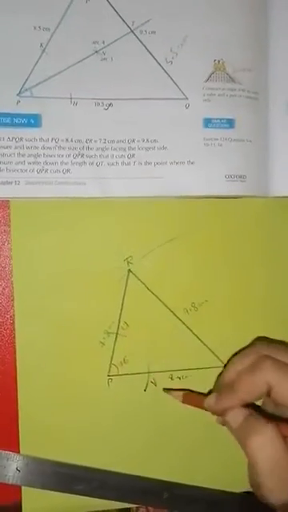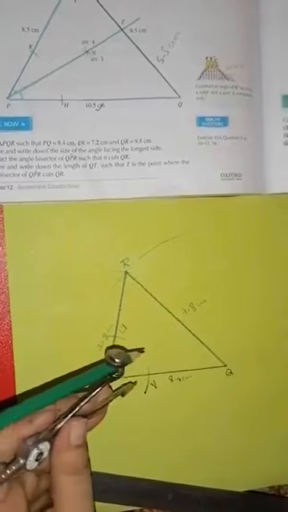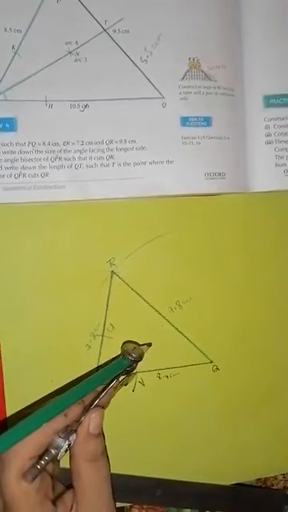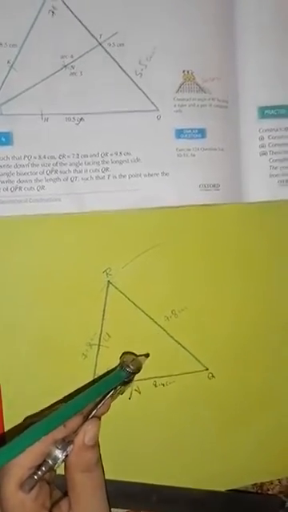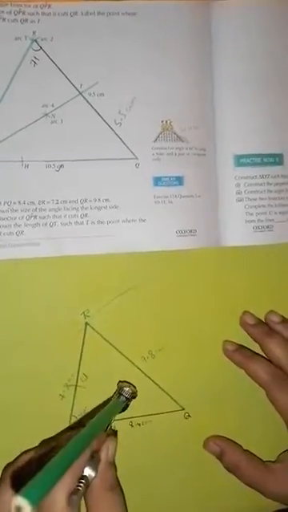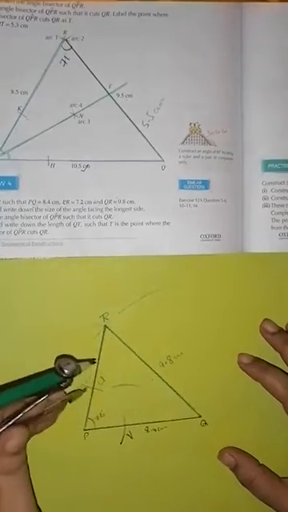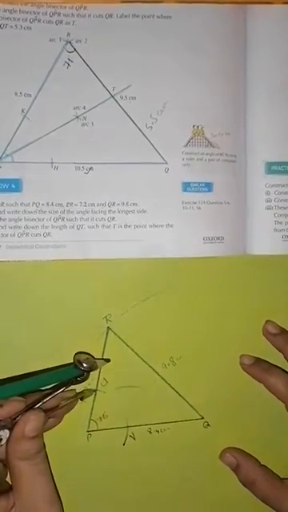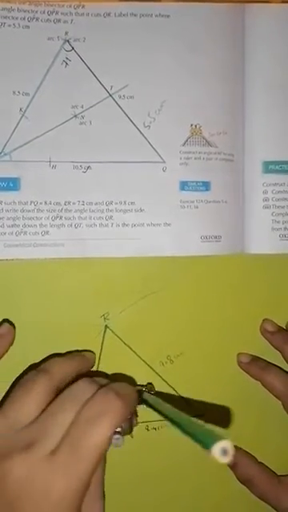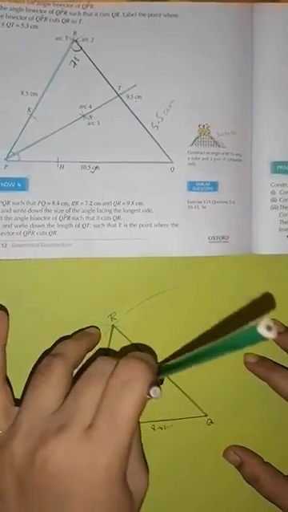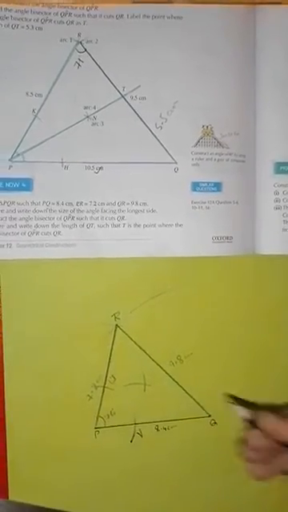This is point U, this is V. With the same radius, with the center V, I am going to put another arc here. With the center U, with the same radius, I am cutting the previous arc at point O.